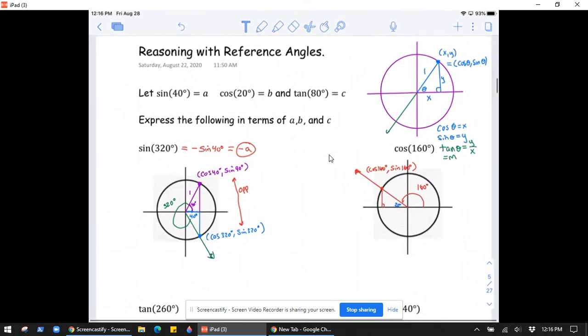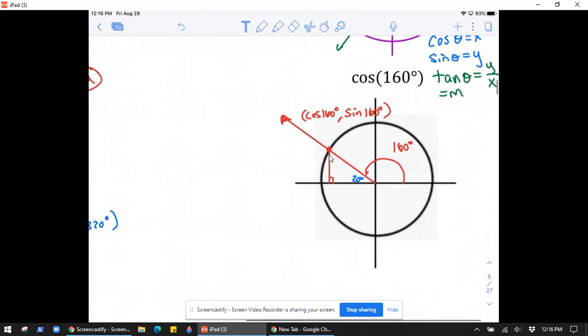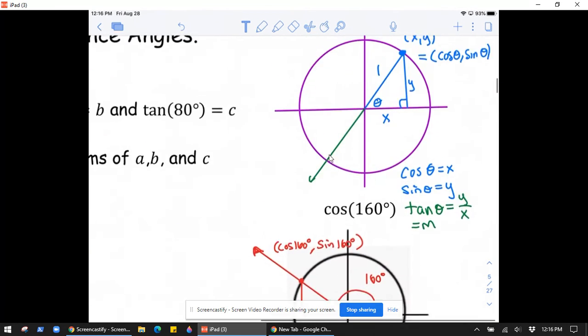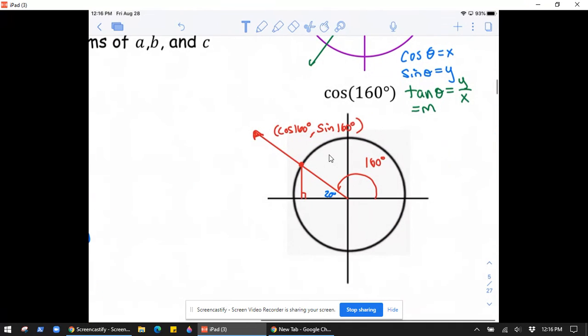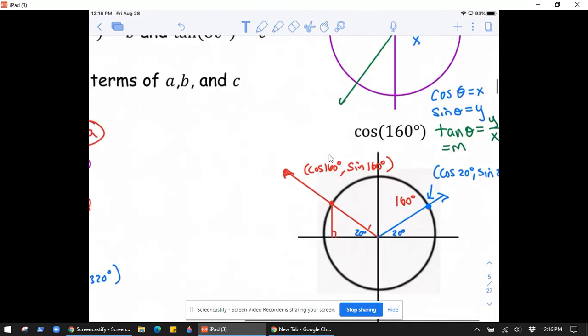Now we know something about the cosine of 20 degrees. We know that that's equal to b. And just for space, I'm going to get rid of that for a second. 20 degrees would take us here. This point here has coordinates cosine of 20 degrees, sine of 20 degrees. We're given that the cosine of 20 degrees is b.